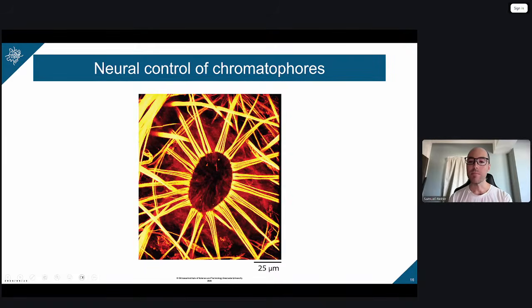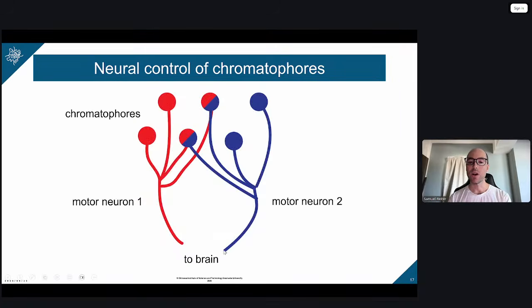Now, the motor neurons project all the way from the animal's brains to the muscles surrounding small sets of chromatophores and synapse onto them. So each motor neuron connects to a local group of chromatophores, and each chromatophore can receive input from between 1 and 3 motor neurons in cuttlefish and octopus.